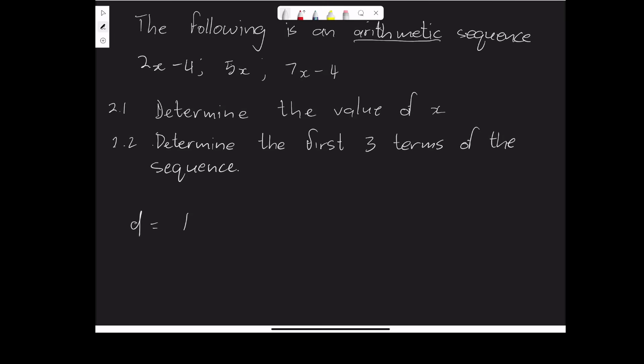So let's take term 2 minus term 1. So in this case, what do we have? We've got 5x minus, I'm going to put it in brackets, 2x minus 4, because remember, we're subtracting the whole thing, right? So let's try and simplify that.